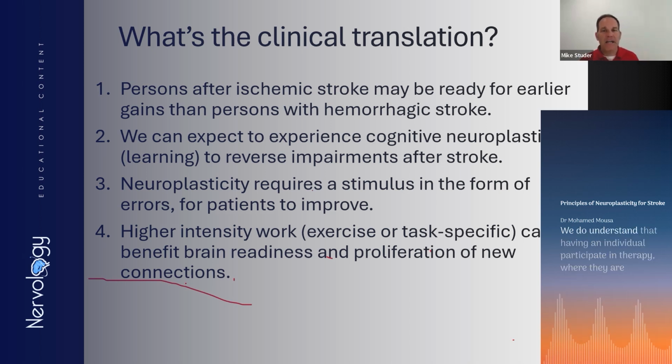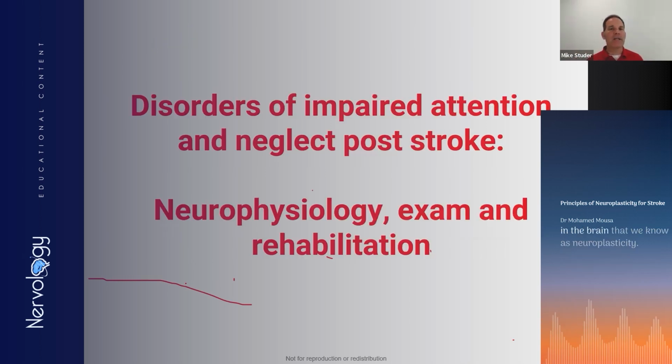We do understand that having an individual participate in therapy where they are successful every single time is not going to stimulate neuroplasticity. And finally, we need to give repetitions plus intensity so that we can stimulate changes in the brain that we know as neuroplasticity.